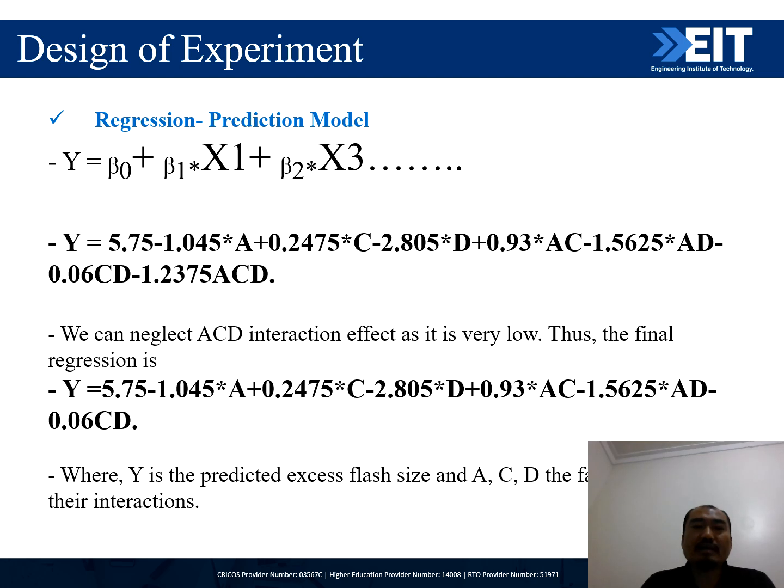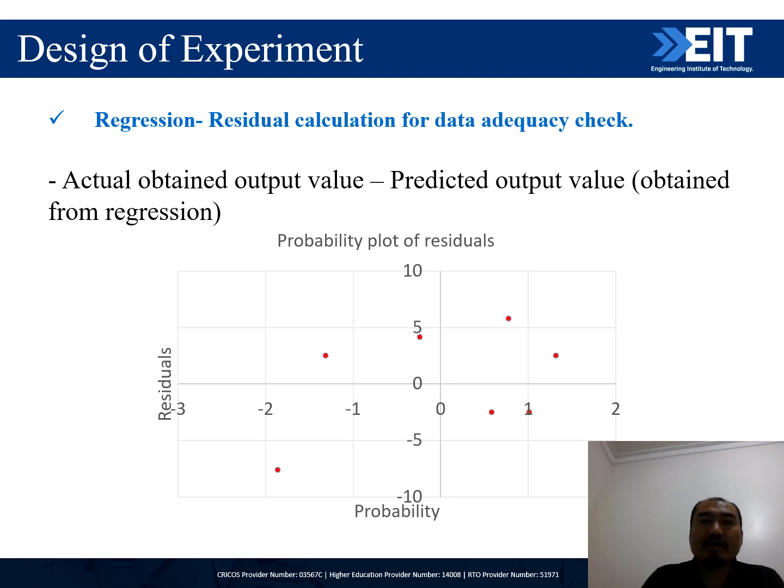And this prediction model, if you compare with the original values, then we can get the residues. So this prediction value and the original value will have the residues which we can calculate and then plot either with probability plot or the effects.